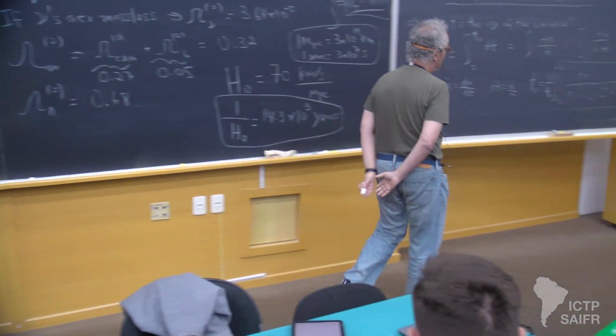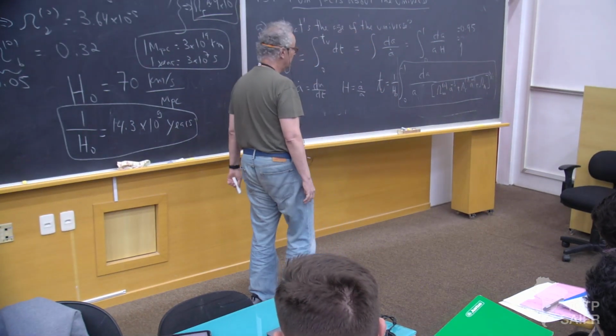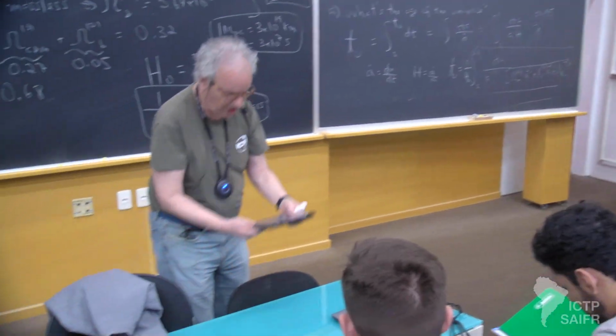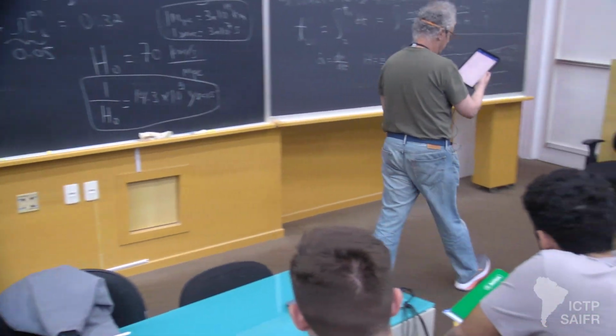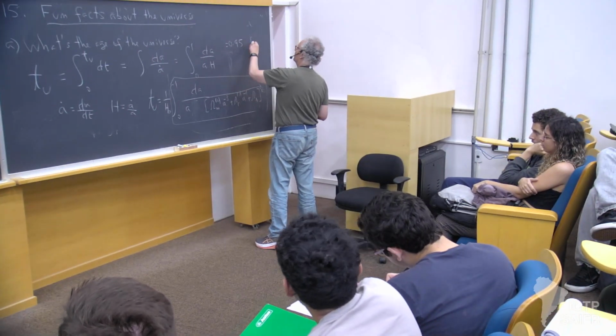It's basically just the inverse of the Hubble constant, times this integral. Now, of course, if you change the parameters, you change the value of the age of the universe, and I did that too.